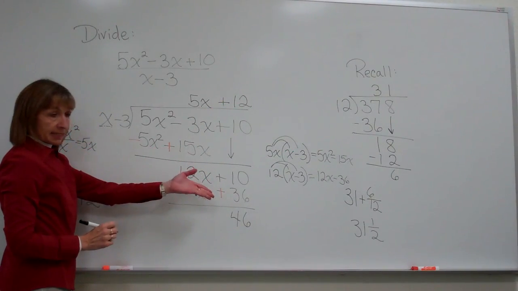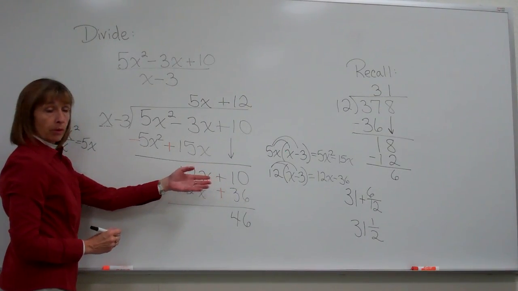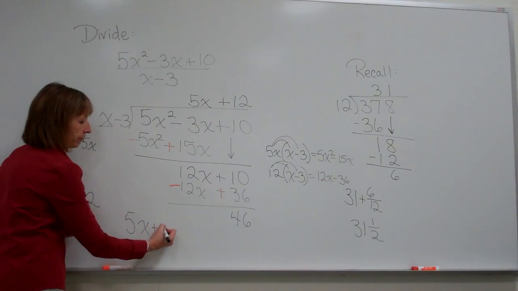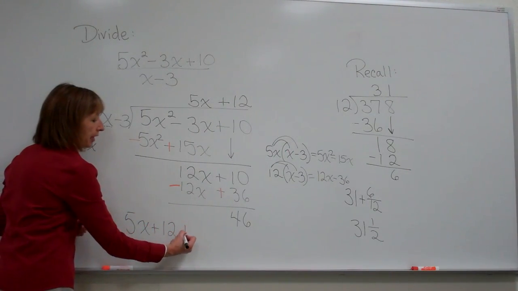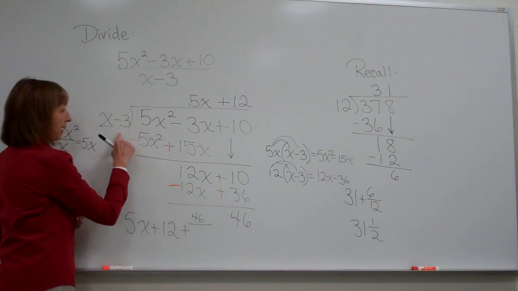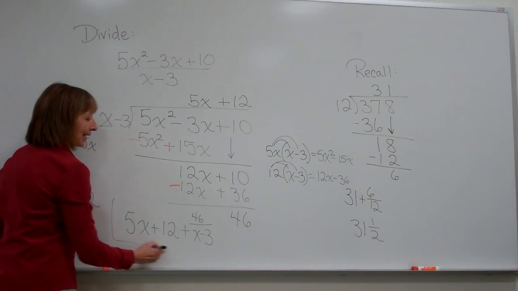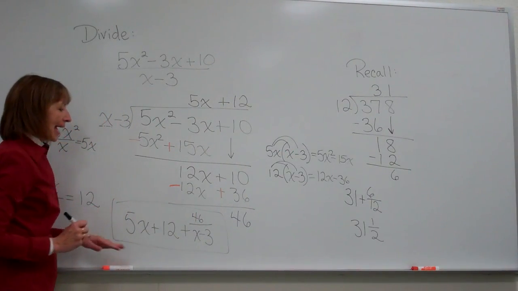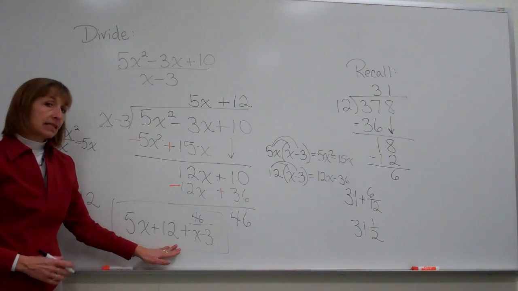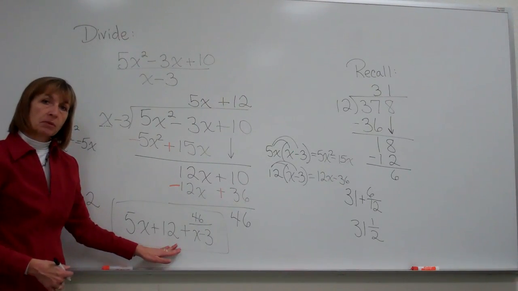So if I want to write it similar to how I wrote my answers in my long division with numbers, I write my quotient, 5x plus 12, plus my remainder, 46, over my divisor, x minus 3. Now, I can't write it any more compactly than that, like I was able to do with the numbers, because in algebra, if we don't write the sign down between them, then it's assumed to be multiplication.